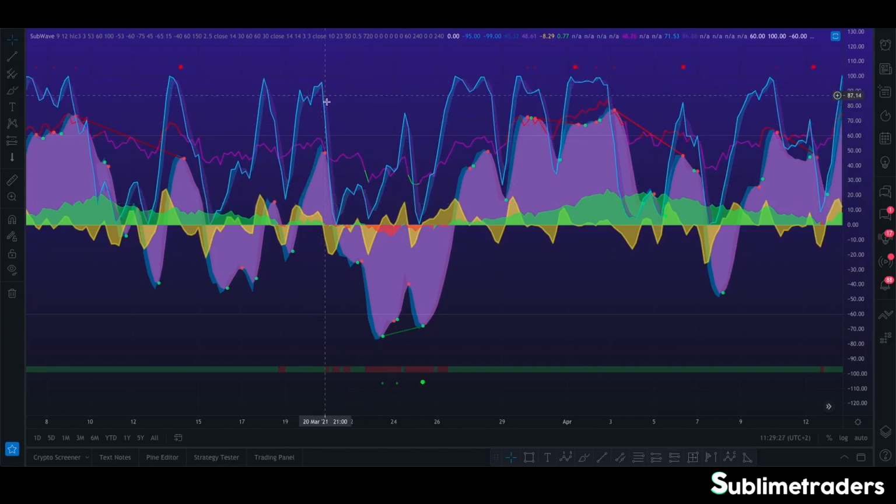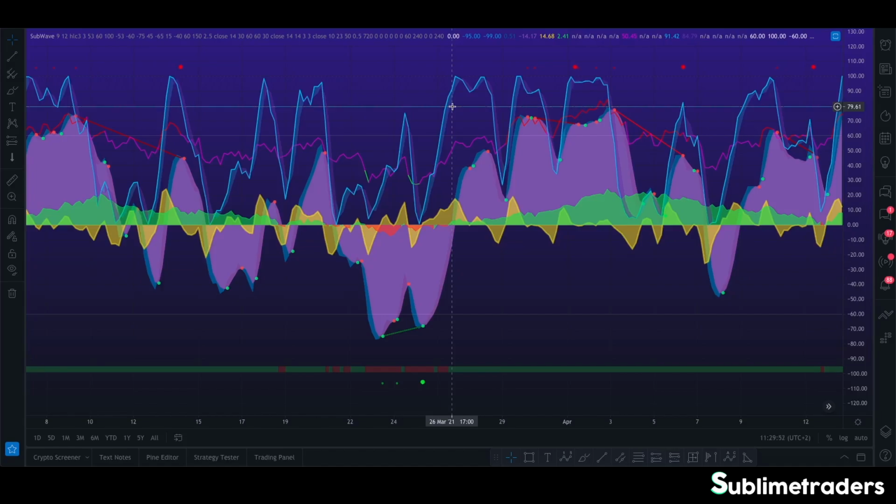The lines that you see right here are the stochastic RSI, and of course they start at 0 and they go up to 100. If you want to be more precise with the stochastic in the Sublime Wave indicator, you can use some horizontal lines that are available in TradingView that will help you limit your range to your preferred area.